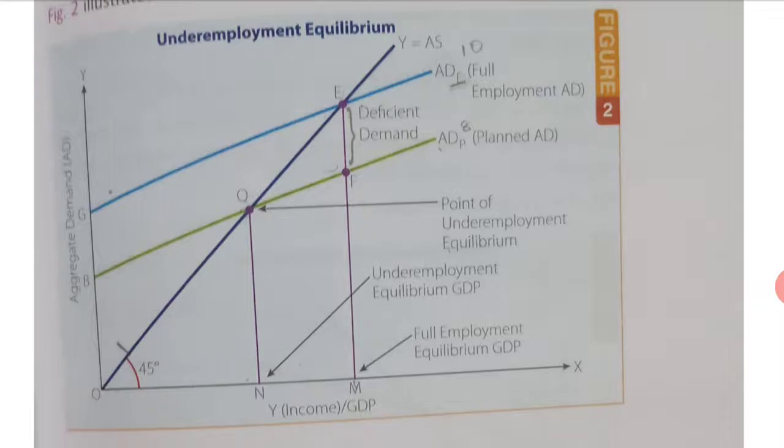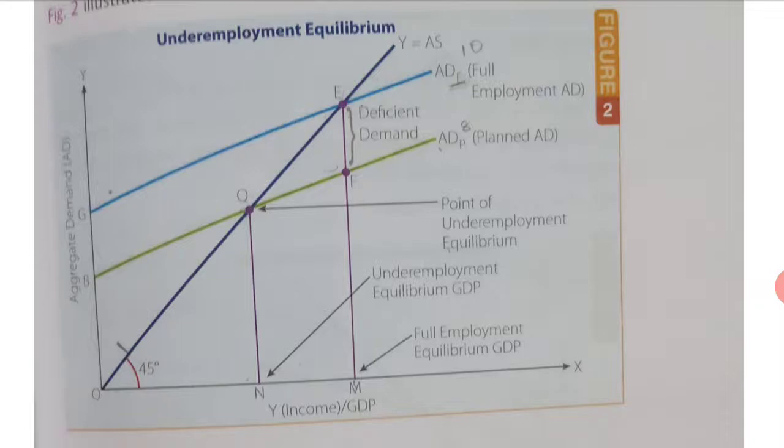That is the full employment equilibrium. Check out the equilibrium at Q. That is the point of underemployment equilibrium. In both places, demand and supply intersect. Whenever demand and supply intersect, we name it equilibrium. So E is the full employment equilibrium.